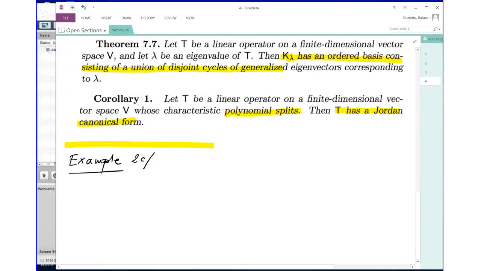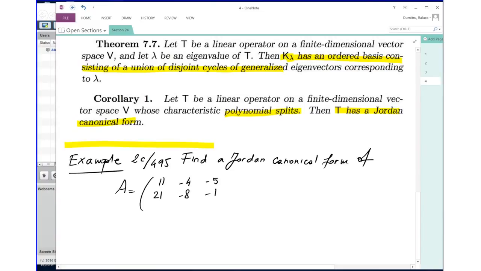You see on page 495. Find the Jordan canonical form of the following matrix: -11, -4, -5, 21, -8, -11, 3, -1, 0.